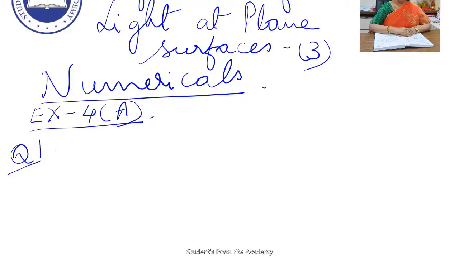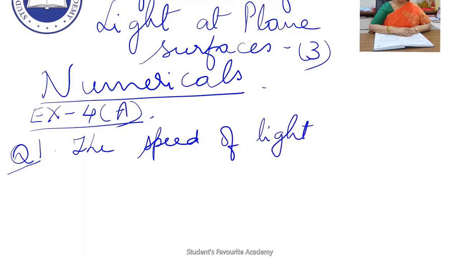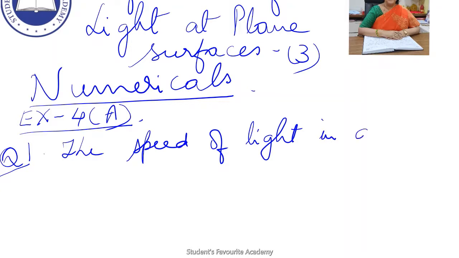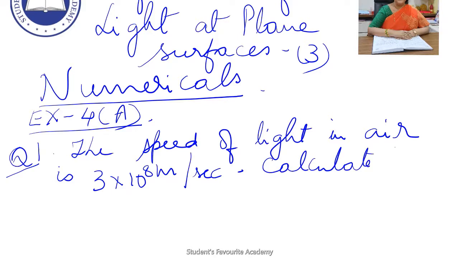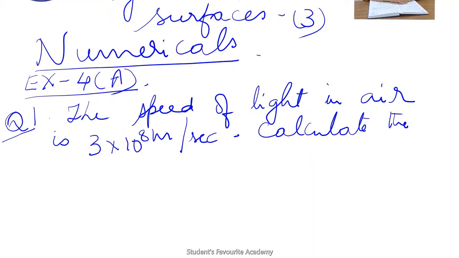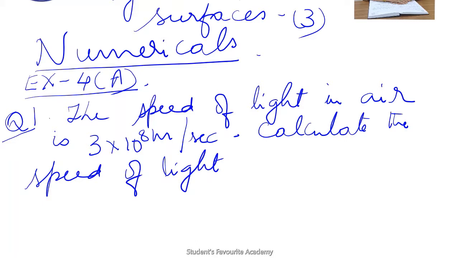The speed of light in air is 3 into 10 to the power of 8 meter per second. Calculate the speed of light in glass.